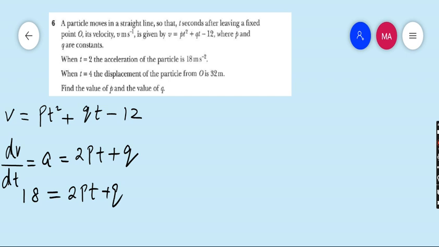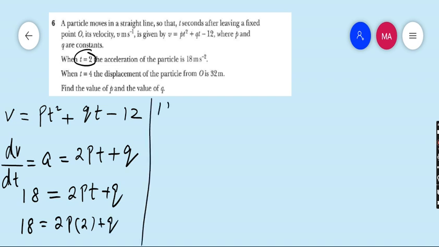Sorry, one mistake. Now the time given is 2, t is equal to 2. So 18 is equal to 2p times 2 plus q, so 18 is equal to 4p plus q. This is equation number 1.